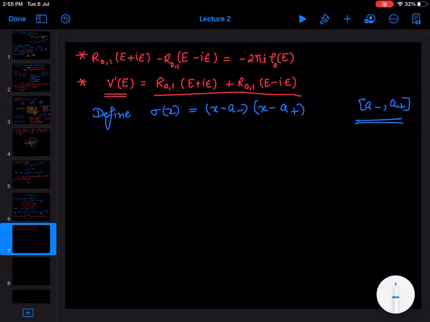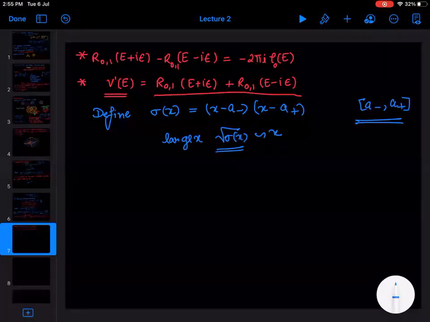Once we define this function, for large x, the square root of sigma of x goes like x. And this square root of sigma of x is also discontinuous along the real axis. It also has a branch cut between a minus and a plus. So if you vary it across the real line where rho is supported, then it changes sign.